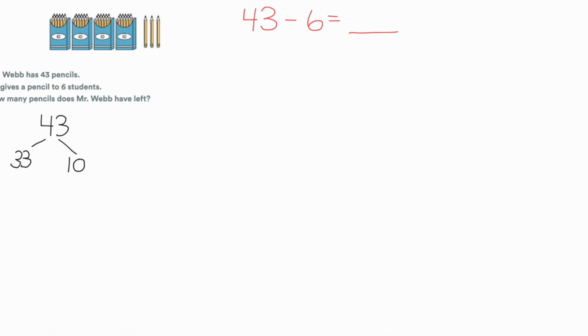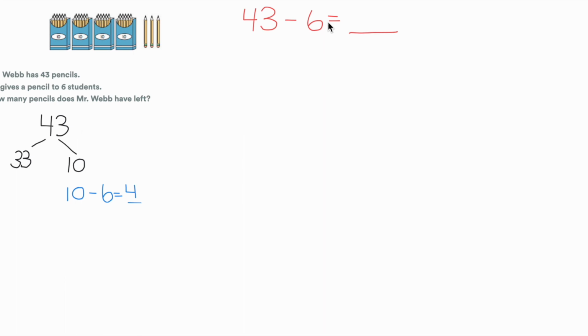Okay, now I can subtract. Now I can subtract a little more easily. Okay, here we go. So we have 10. So I'm going to do 10 minus 6. Oh my goodness, this is a lot easier for me. And that's 4. Okay, so all right, I subtracted 6. That's it.